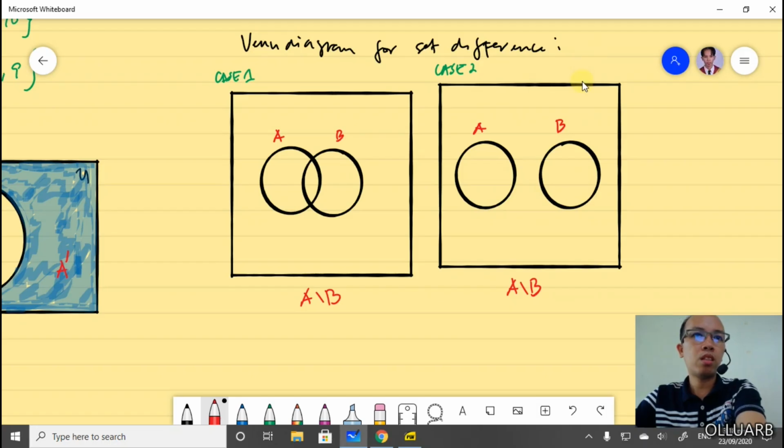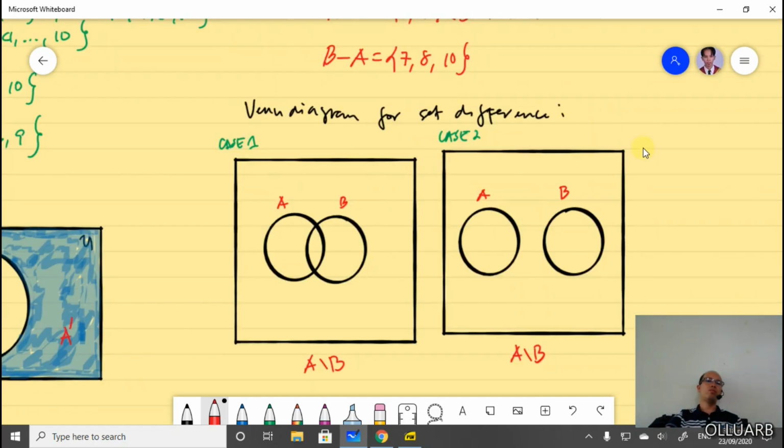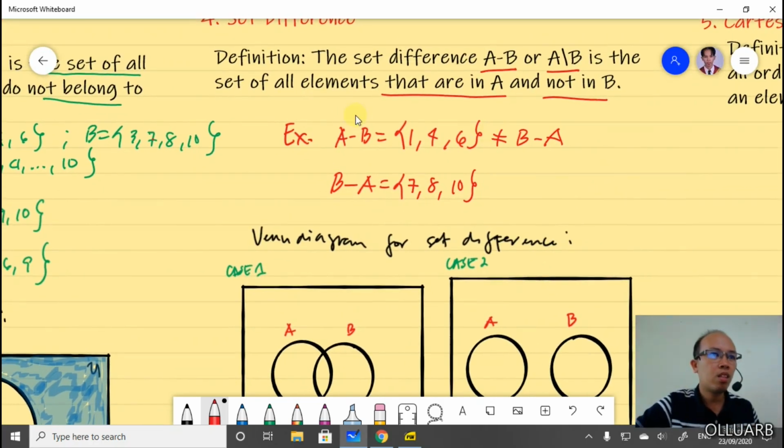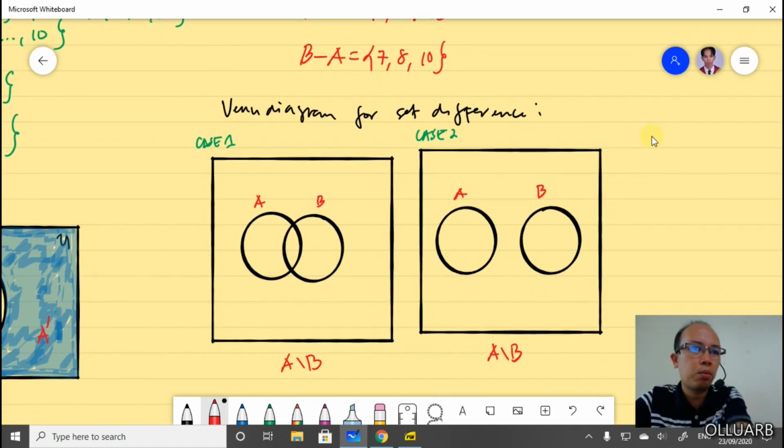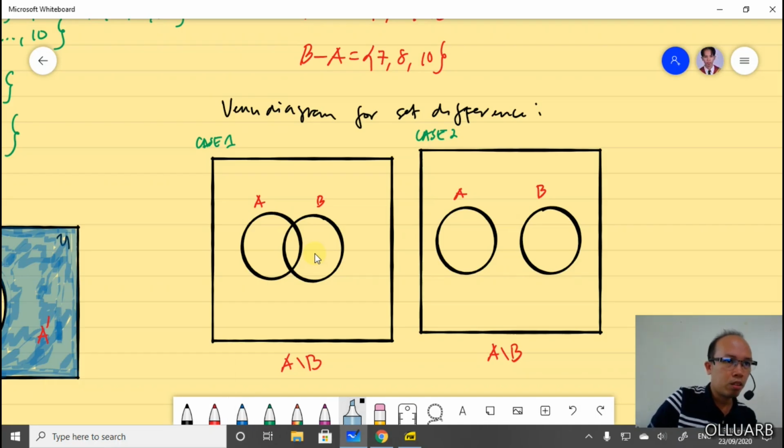It says the set of all elements that are in A and not in B. The set of all elements that are in A but not in B. So the diagram will look like this.